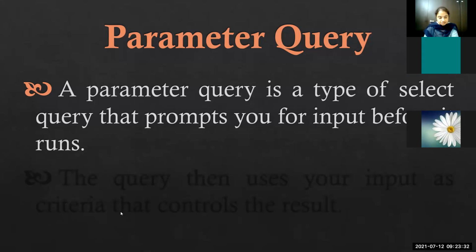Whether I enter sales, it will display me the records of sales department. If I enter purchase, it will display me the records of purchase department. If I enter accounts, it will display me the records of accounts department. That means it will not display the records of a fixed condition. It will ask me the condition, it will ask me the criteria, then it will display the records.